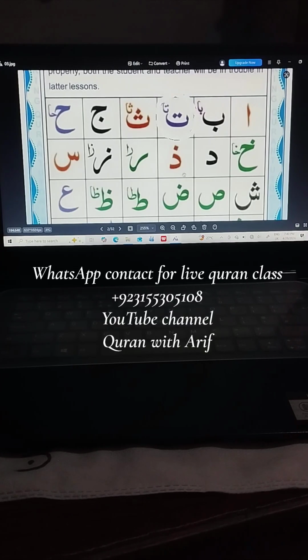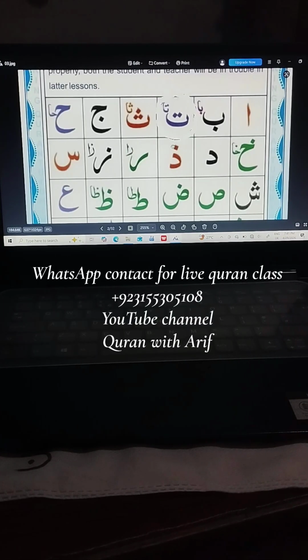Here on this page, letters are in different colors. In the Quran and other books, you see letters in only black or in another color. So we differentiate and understand the letter by its sign: Dal and Zal are the same in shape, but Dal is empty, with no dot, and Zal has a dot on the top.